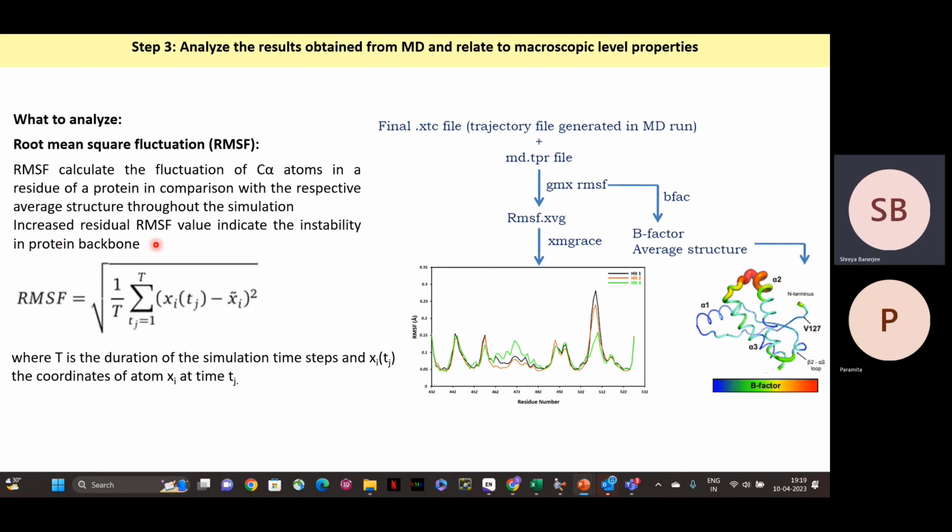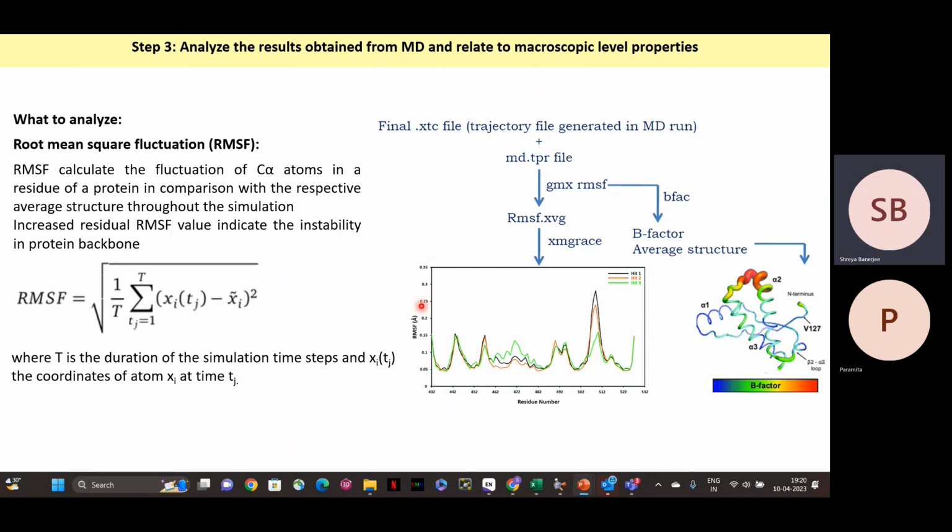An increased residual RMSF value indicates instability in the protein backbone. Basically in RMSD you are calculating with the initial structure, but in RMSF you calculate with the average structure through the simulation. The higher the RMSF value, the more unstable the protein backbone.